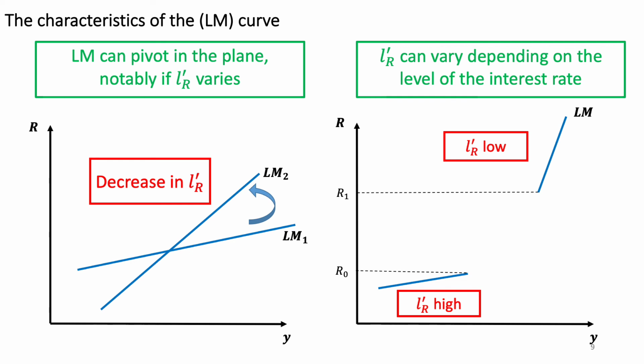On the other hand, for small values of R, the elasticity of the demand for money with respect to the interest rate tends to minus infinity. Indeed, when the interest rate is low, the opportunity cost of money is low, and households have a strong preference for liquidity. In this context, a new increase in R would result in a large decrease in the demand for money. In between, we have the usual upward sloping LM curve.